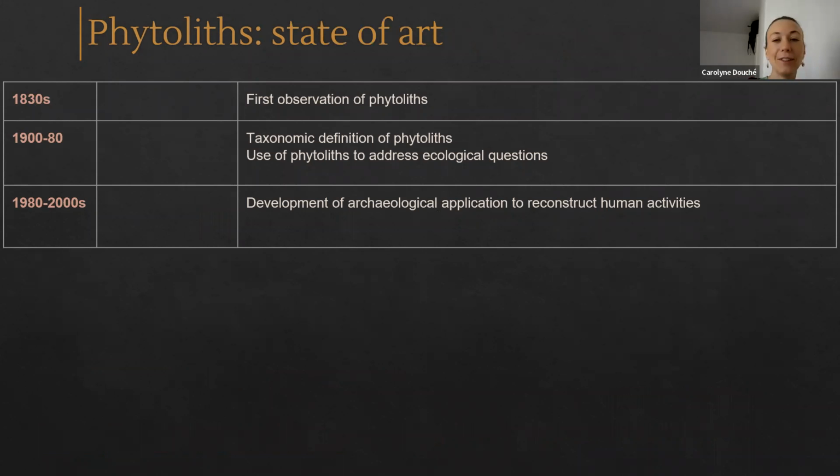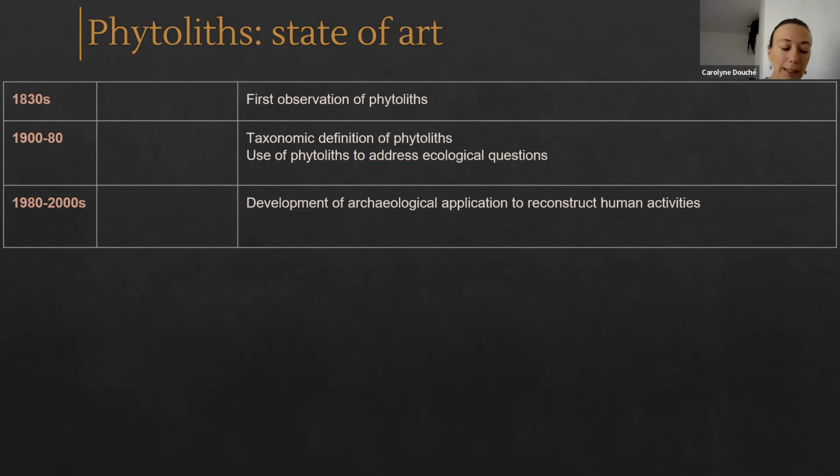The study of phytolith is a relatively recent discipline in archaeobotany. Although the first observations date to the mid-19th century, as for palynology, the first research strongly focused on ecological questions, to reconstruct the environment.